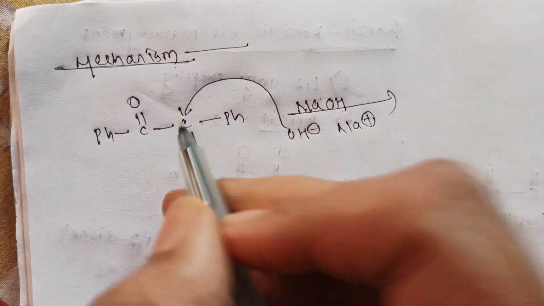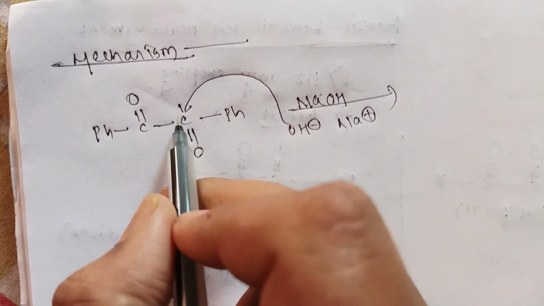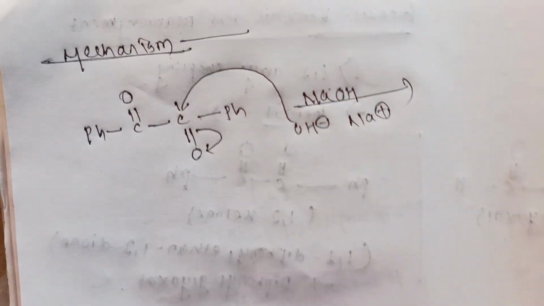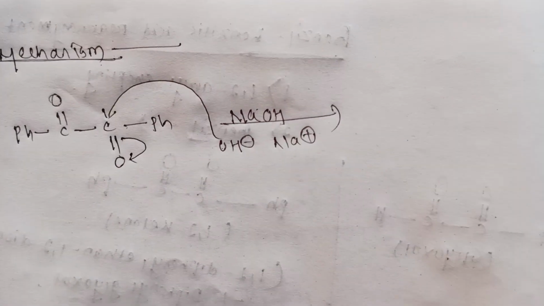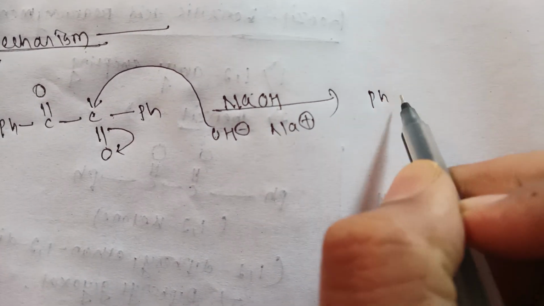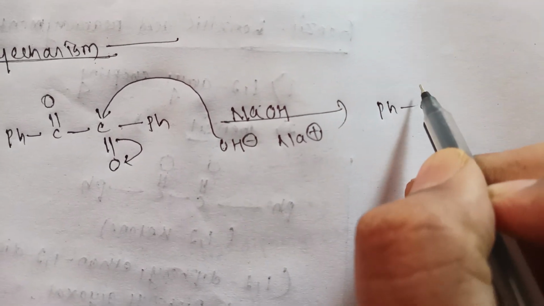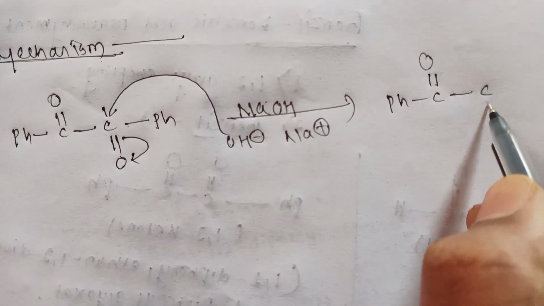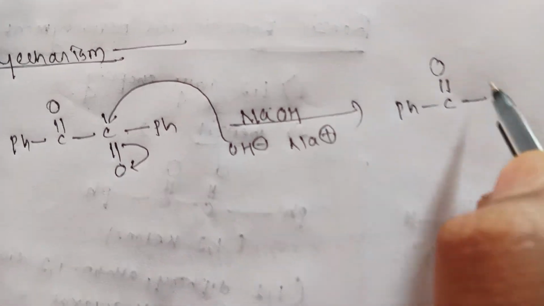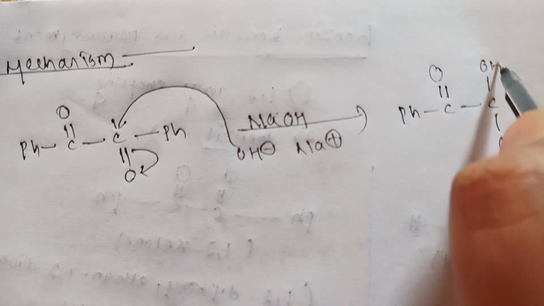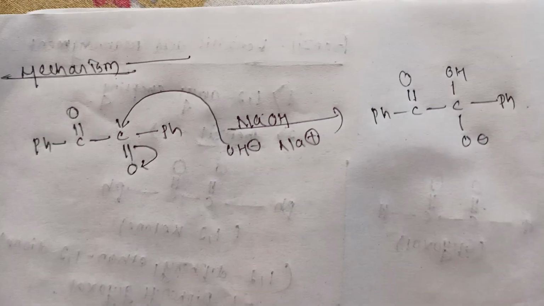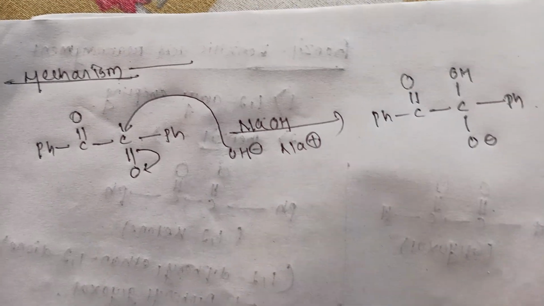Where will these extra 2 electrons stay? So this double bond will shift toward the oxygen. This intermediate is formed: phenyl, C double bond O, C, O minus, OH, phenyl. This is step 1.